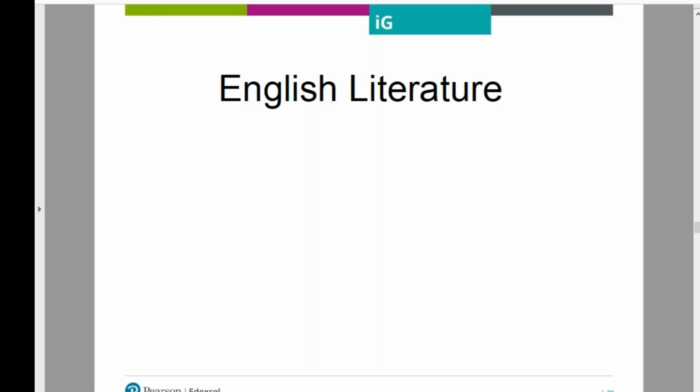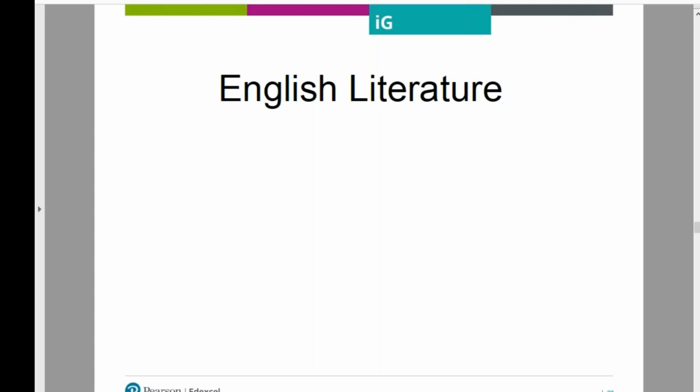I'll just flag one of the things that I'm going to do is talk about language, form and structure, because a common question is, is this point language or is it structure, and what's the difference between structure and form? That may be of interest to you, because the language and structure element applies to the language papers too, but there again you could just get it from the slides if you want to.